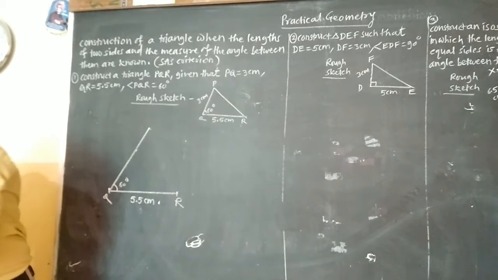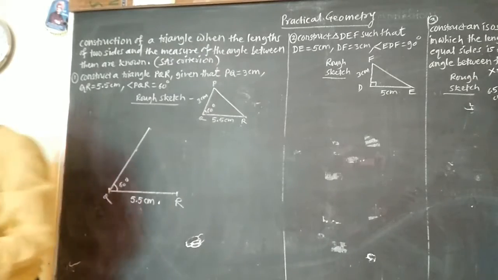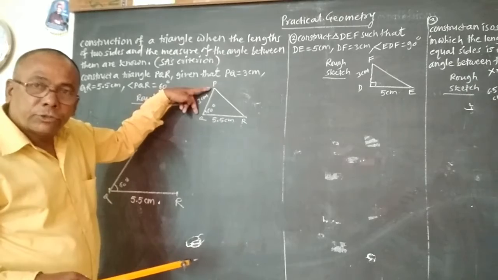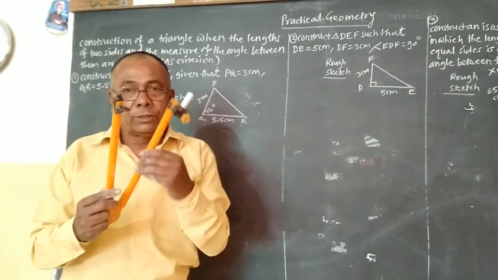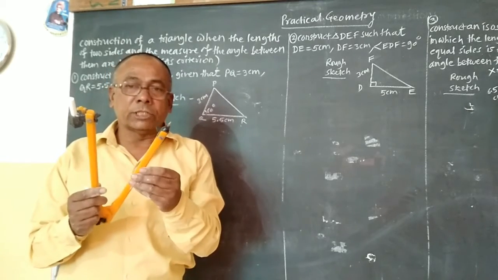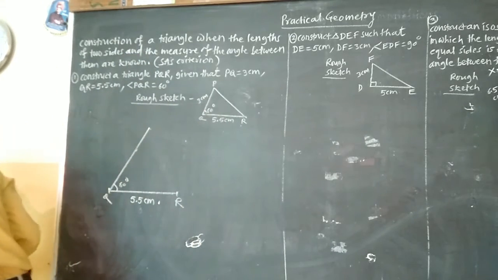And now we have to draw the segment PQ of length 3 cm. So I will take 3 cm length distance between the two arms of the compass. So I will take 3 cm.